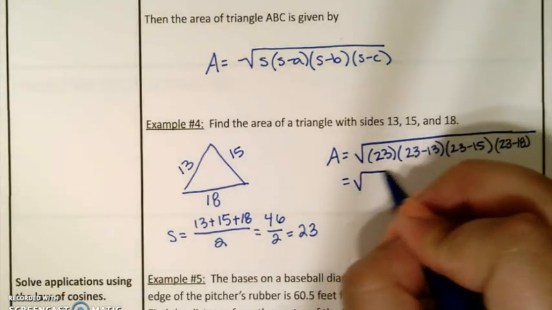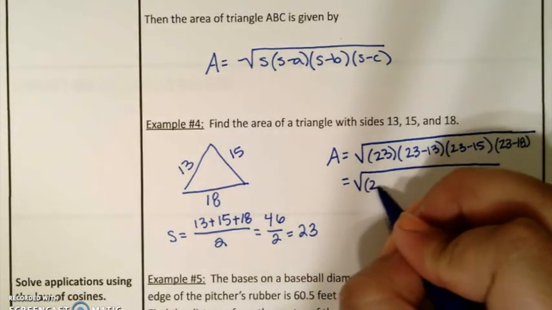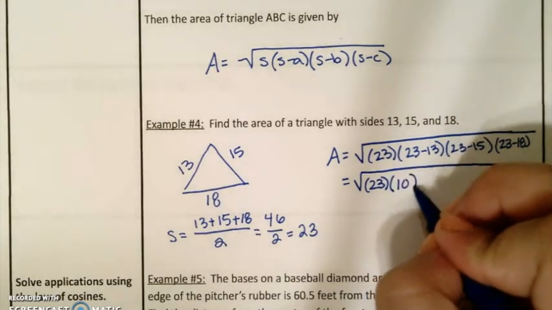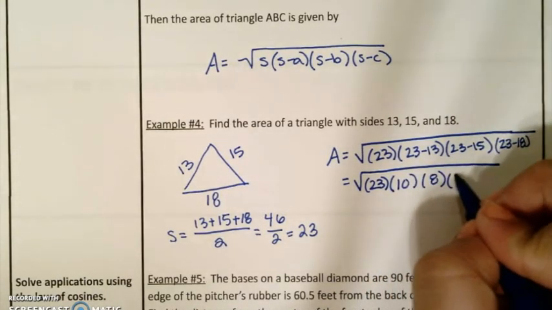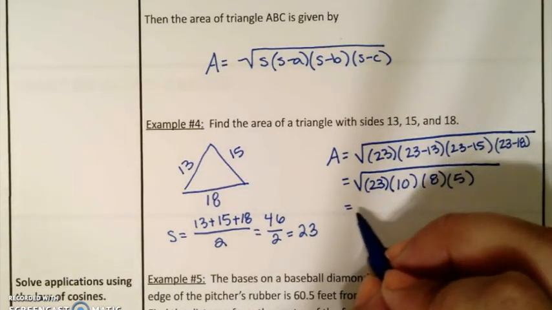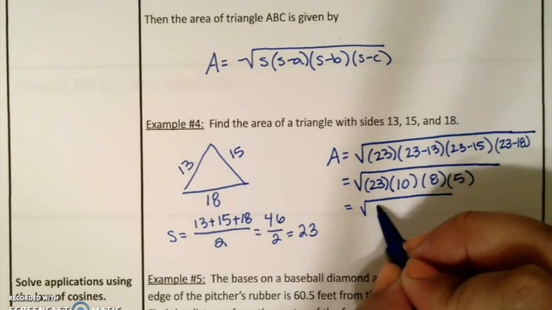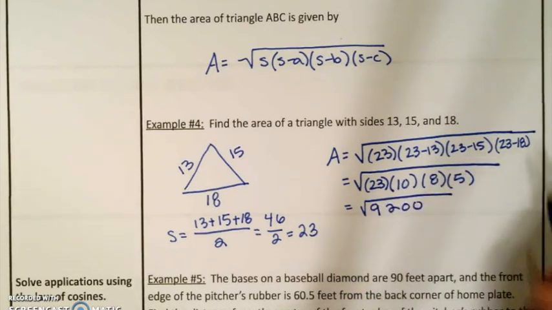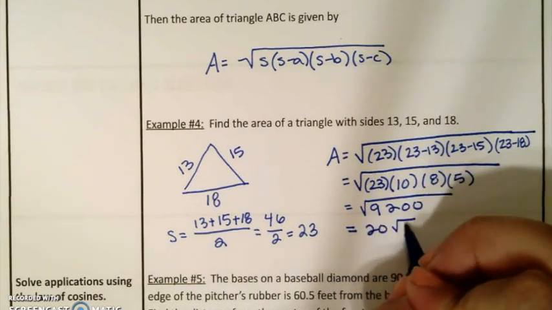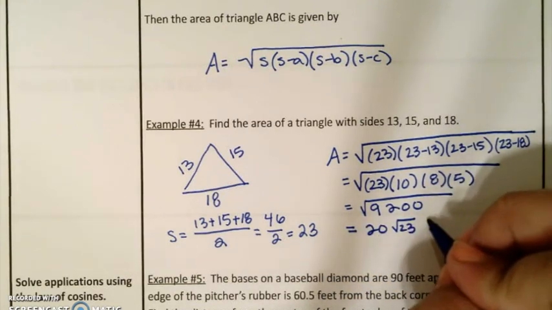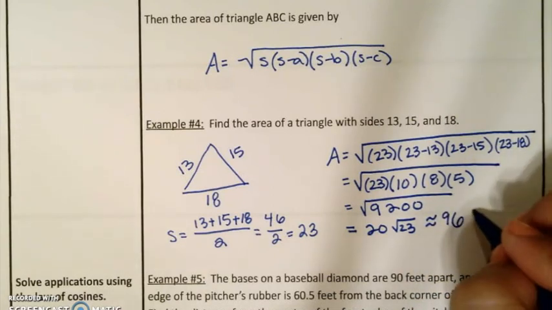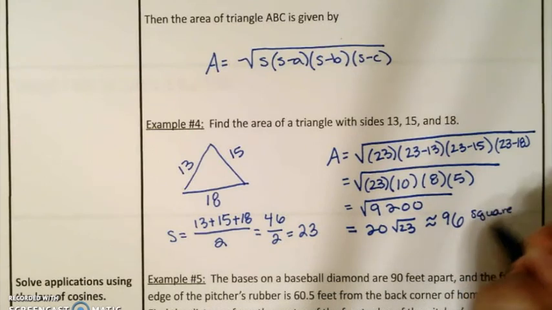So that gives us the square root of 23 times 10 times 8 times 5, which gives us the square root of 9,200. This can be simplified to 20 times the square root of 23, which using a calculator gives us an approximation of 96 square units.